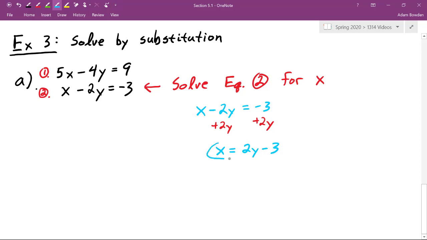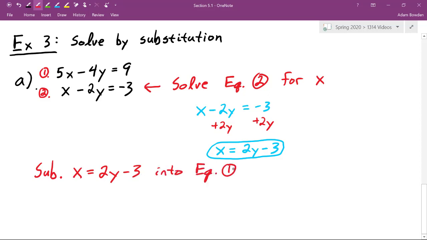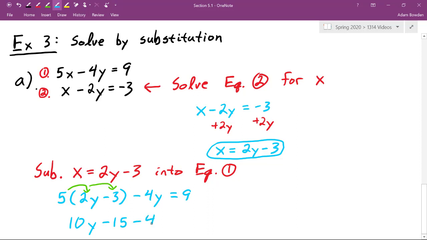And then I'll take the thing that I just solved and substitute that into the other equation. So we're going to substitute x equals 2y minus 3 into equation 1. So if we do that, we're going to have 5 times 2y minus 3 in the place of x, minus 4y equals 9. And then I'll go ahead and distribute the 5. We'll get 10y minus 15 minus 4y equals 9.